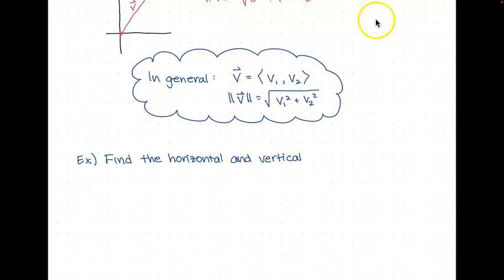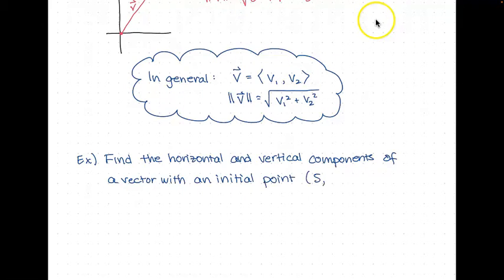Find the components of a vector with an initial point. Somebody give me a number. Give me another one. 8. And a terminal point.